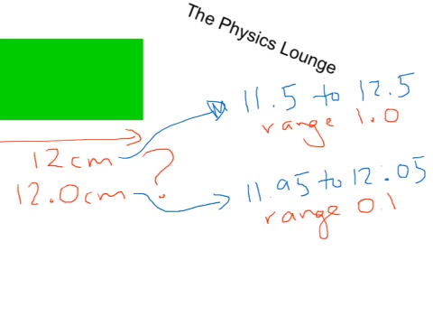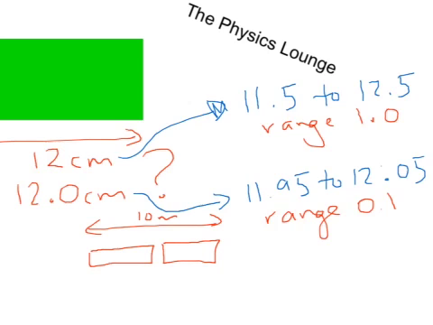So 12.05 minus 11.95. So you imagine if you had two pieces of wood carefully measured out to cover a 10 metre length, and these pieces of wood are measured to be 5 metres each.